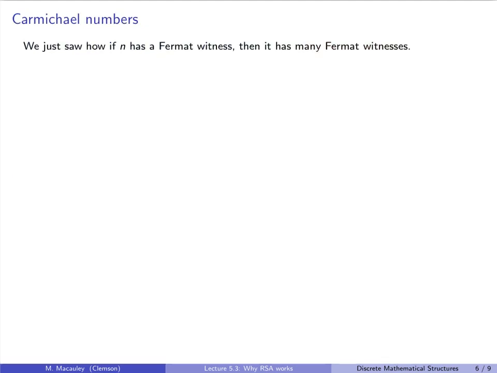To summarize, we just saw how if N has a Fermat witness, then it has many Fermat witnesses. Specifically, if there's a Fermat witness, then at least half of the numbers relatively prime to N are Fermat witnesses. So it's a pretty safe bet that if we compute A to the n minus 1 many times, like 100 times, and we always get 1 mod n, then our number is indeed prime.